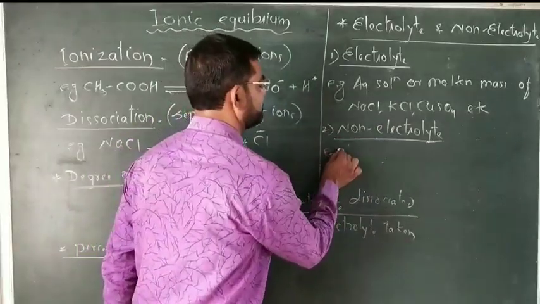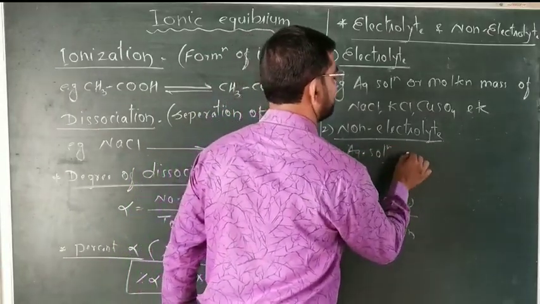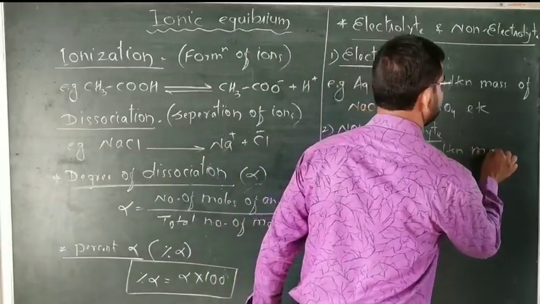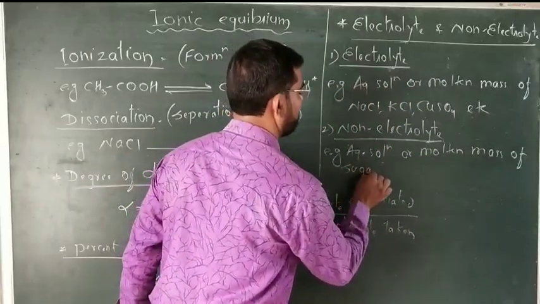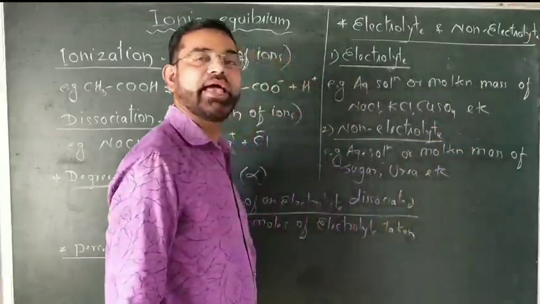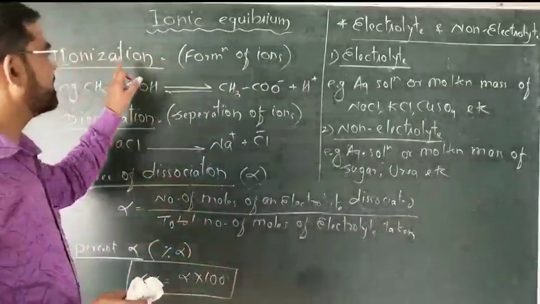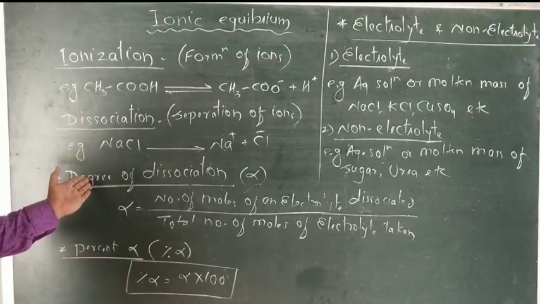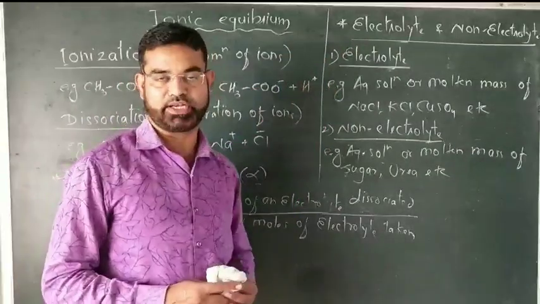For example, aqueous solution or molten mass of sugar, urea, naphthalene, etc. So this is the basics of ionic equilibrium: ionization, dissociation, degree of dissociation, percent dissociation, electrolyte and non-electrolyte.